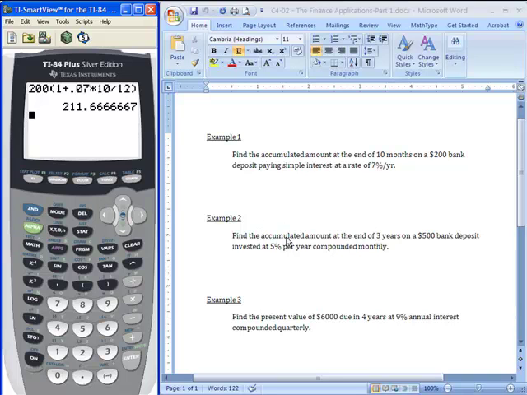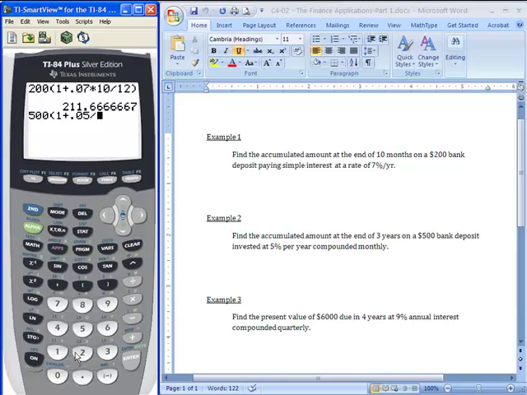Our formula here is to take the principal, which is $500, and then we multiply that by 1 plus the interest rate, 5%, which in decimal is 0.05, divided by the number of compounding periods.